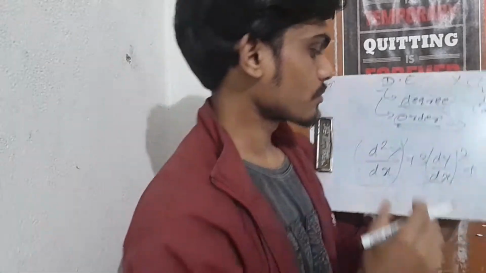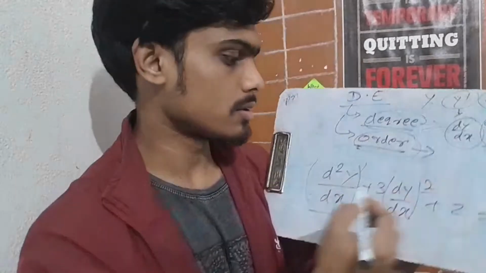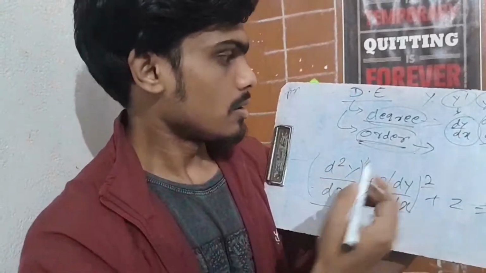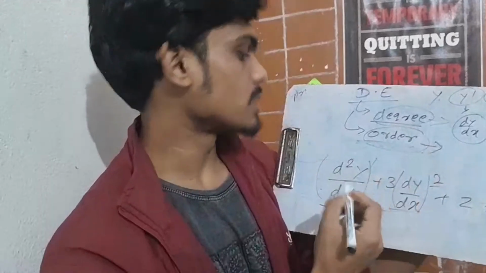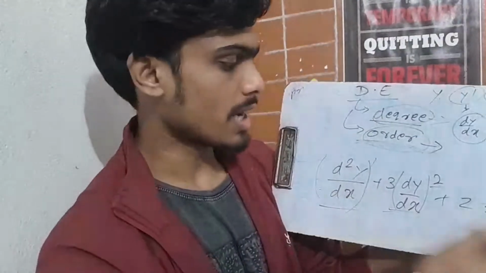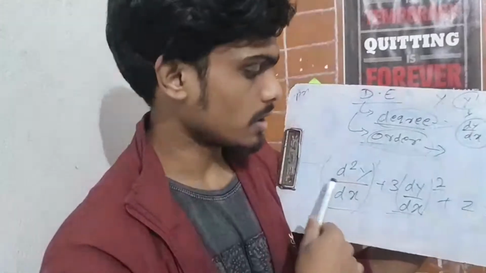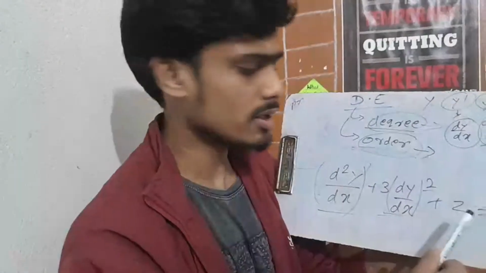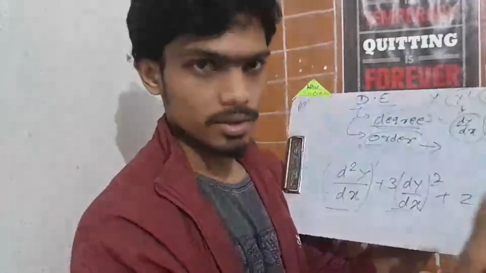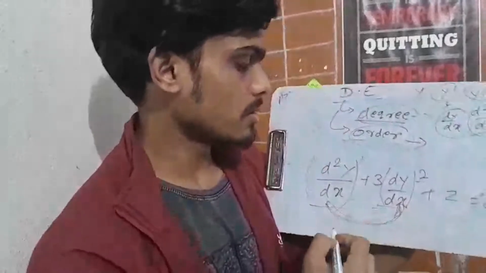So if we have to find the order, we look for the highest form of order. So where is the highest form of order? Here is the second order derivative. Here is the first order derivative, and there is no other derivative. So we compare them.